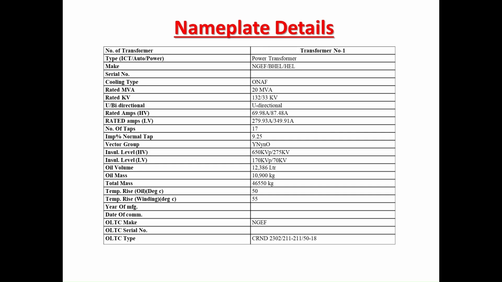So the make, the company, the serial number, the cooling type, and then rated MVA, rated kV, bidirectional or unidirectional power flow, then amperes on both primary and secondary side, then the number of tap positions for the tap changer, and at the normal tap what the percentage impedance should be, insulation level, oil volume, oil mass, total mass, temperature rise, year of manufacturing, and lastly, when it is commissioned in a substation, the date of commissioning, and the make of OLTC.